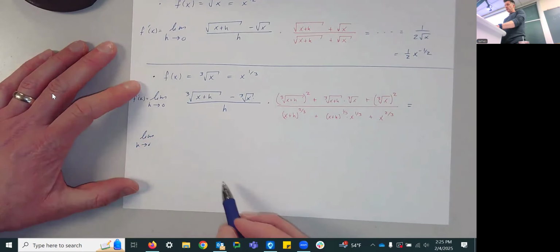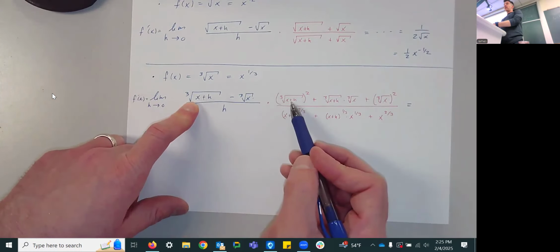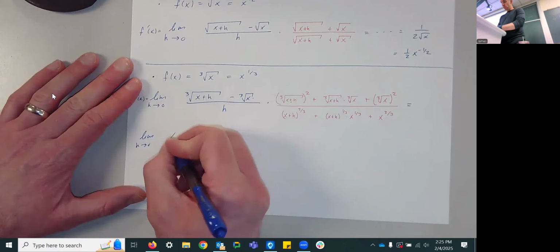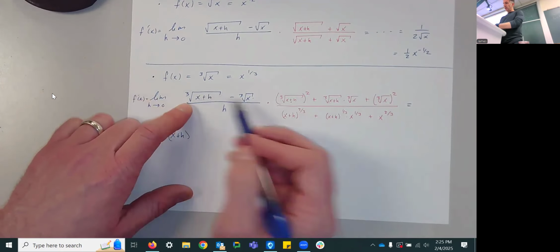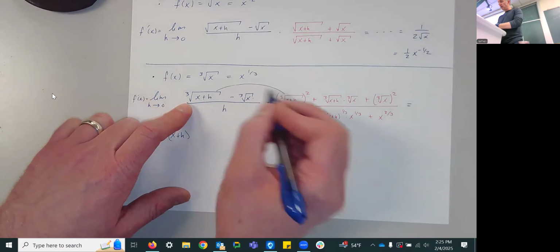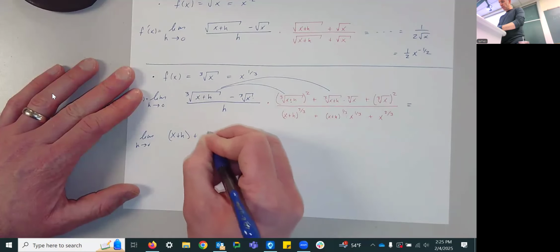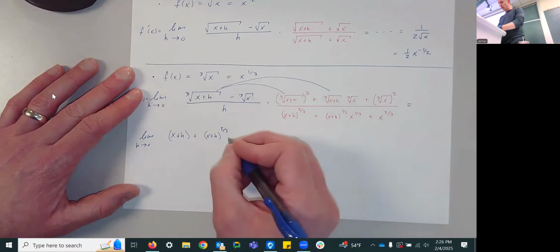Okay, so let's see. I have x plus h to the 1/3 times x plus h to the 2/3, which is going to be x plus h to the 3/3, which is x plus h. And then I'm going to have the cube root of x plus h times, so this times that, this times that. That's going to be x plus h to the 2/3, right? I've got a 1/3 and a 1/3, and then an x to the 1/3.